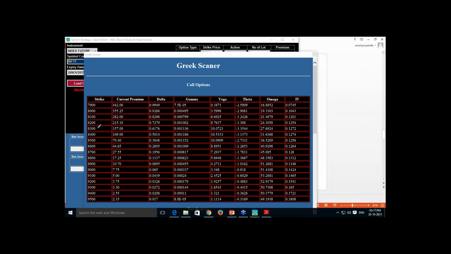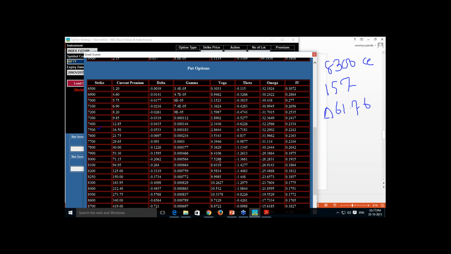Suppose I am buying one 8,300 call option currently at 157, having a delta of 61%, 61.76. This is the delta of that 8,300 call option. Similarly, if I am also taking a put option, managing the delta will be done in a different way.